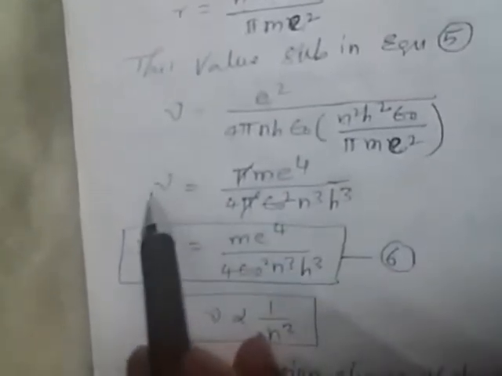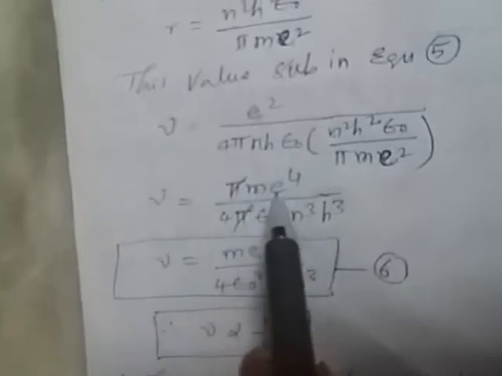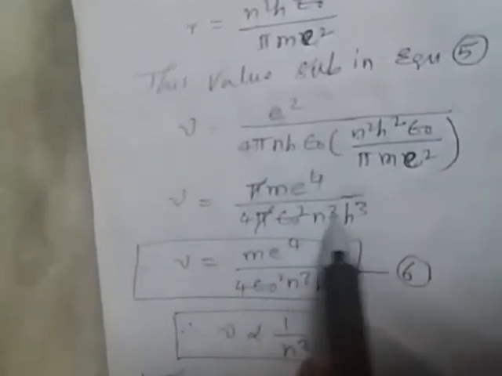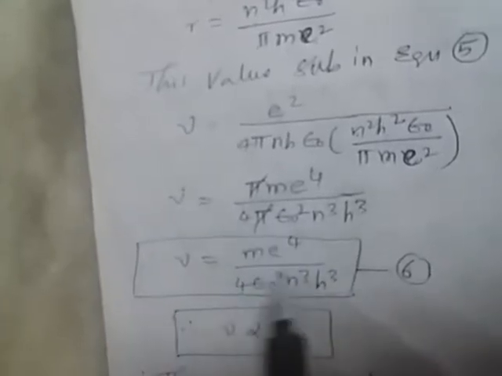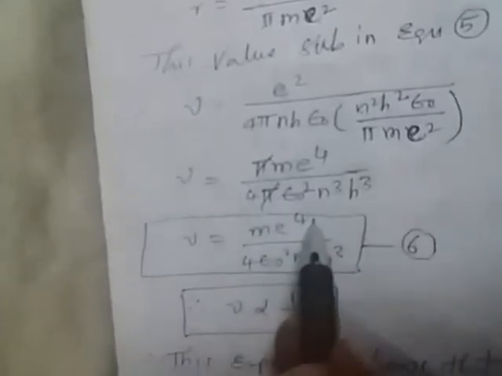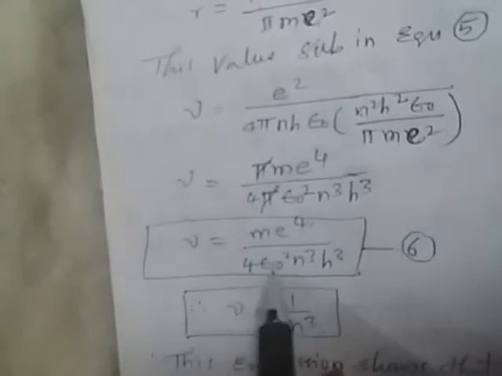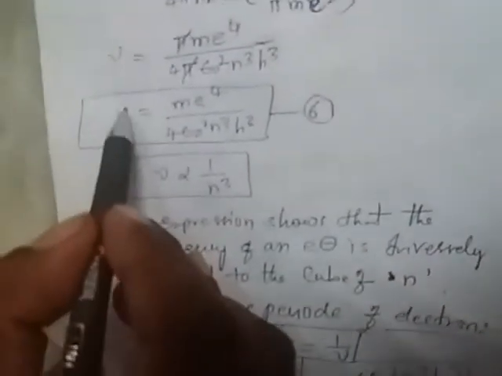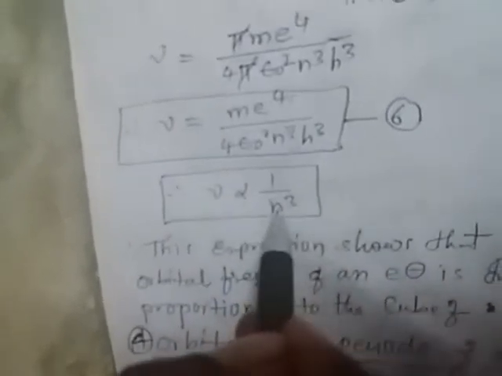The frequency of an electron which is revolving in an orbit is inversely proportional.